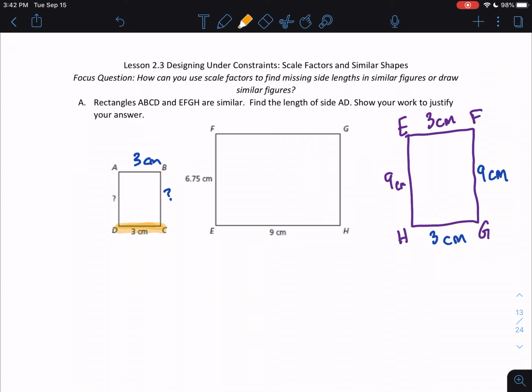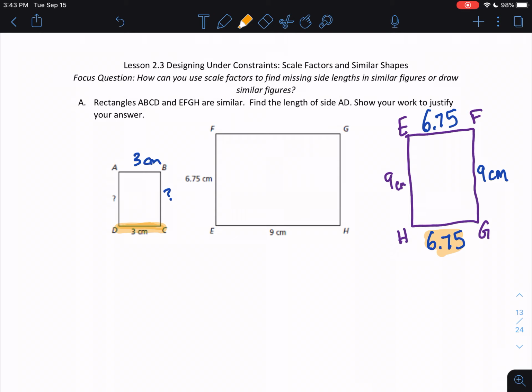Oh dear, I wrote the wrong thing. I wrote 3 because I think I saw 3, but this would be 6.75 and 6.75. Sorry, my answers didn't make sense. So 3 centimeters is DC, which means from H to G is my corresponding side length of 6.75.